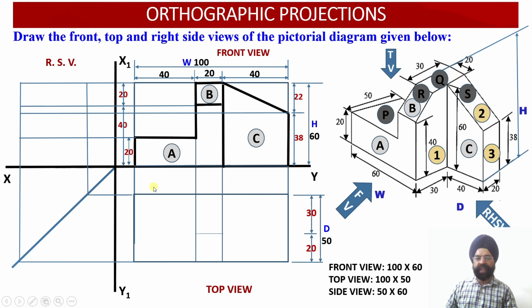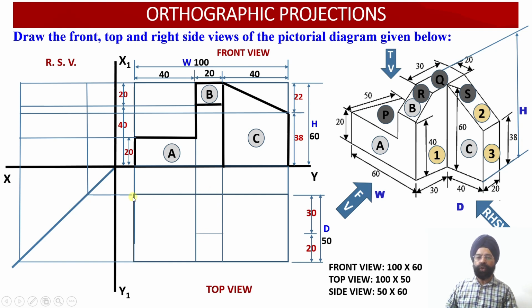So starting from the rear edge, this is my rear edge. So starting from the rear edge, I move 30 millimeter forward. So this is the distance of 30 millimeter moving forward. So as I move forward 30 millimeter, this is my rectangular face corresponding to the surface Q. So this is my surface Q which has been obtained. So true shape of surface Q has been obtained, number one.